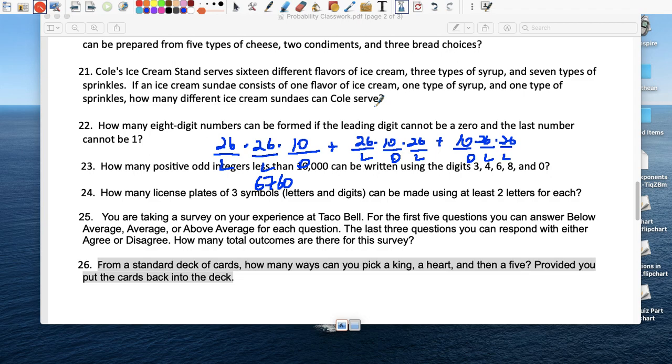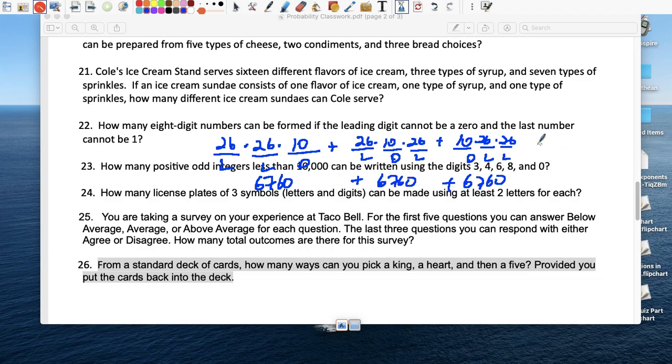What am I missing? Oh, so these are the three different combinations, right? So this would also obviously be 6,760. This is also 6,760.